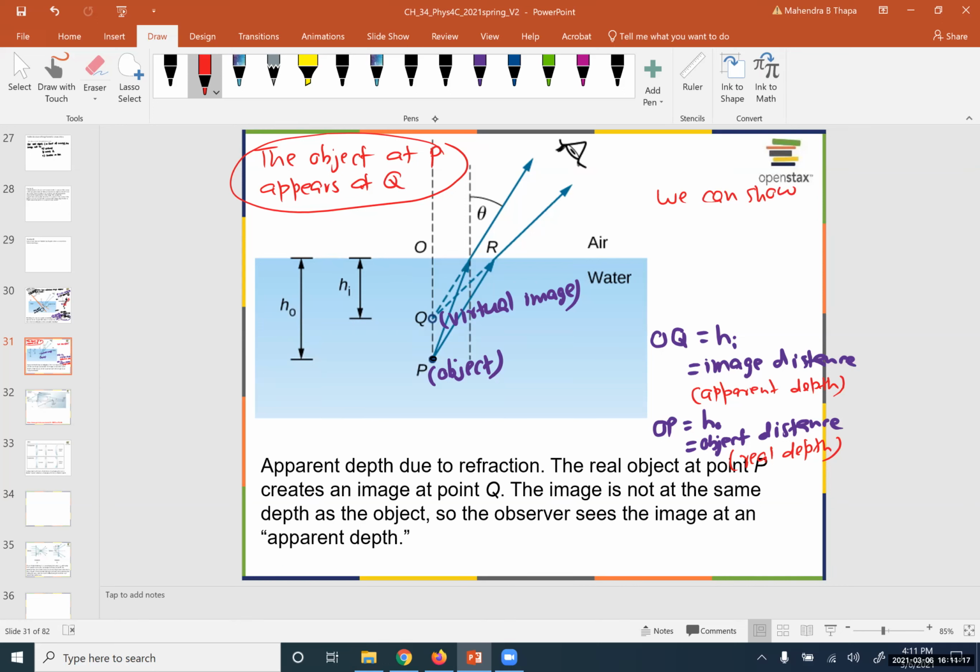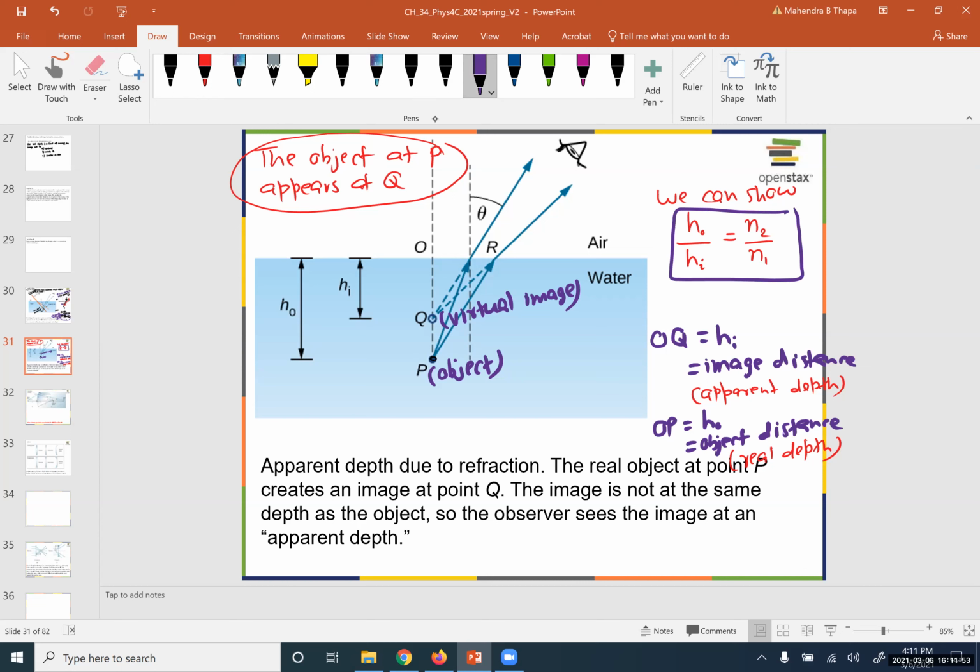We can show this result. H naught over Hi, real depth by apparent depth, equals eta 2 over eta 1. So what is eta 1 and eta 2?